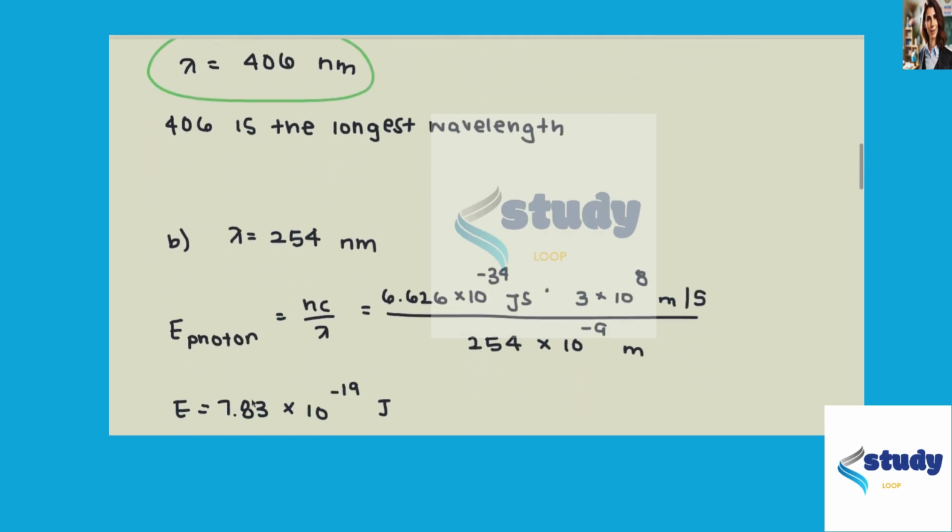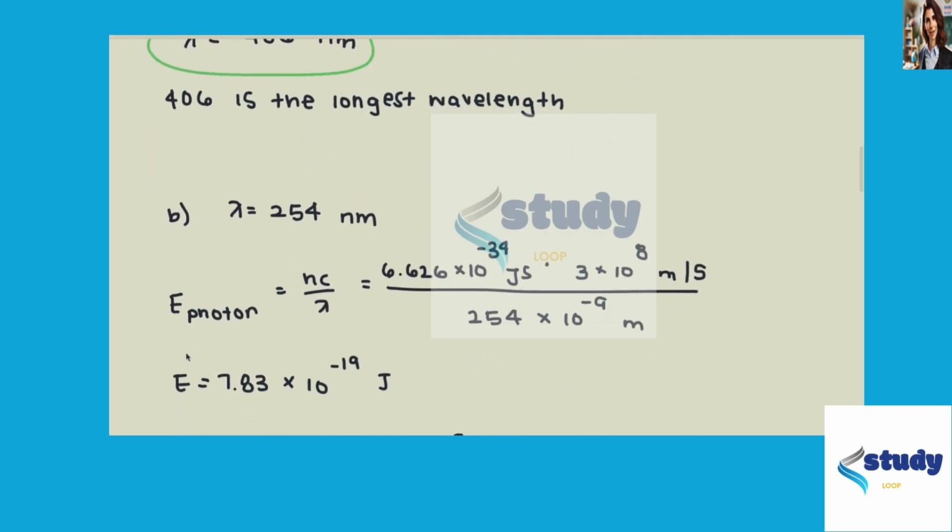And now for part B, we're told we have a different wavelength, and we're told that it's 254 nanometers, and we want to find the excess energy. So the first thing we can do is find the energy of the photon that's making this wavelength possible. And to find the energy of a photon is equivalent to hc over lambda.